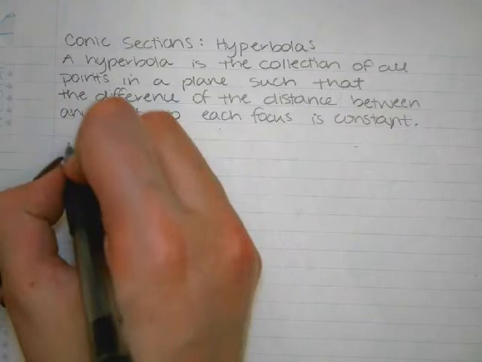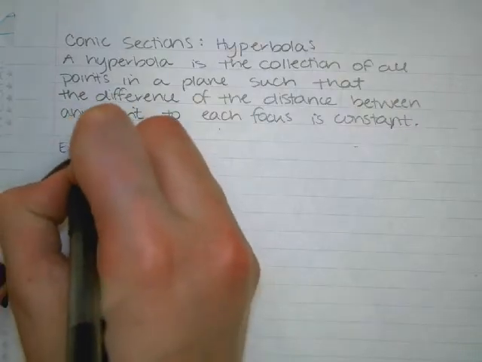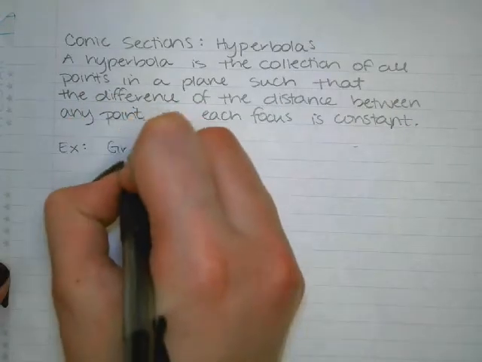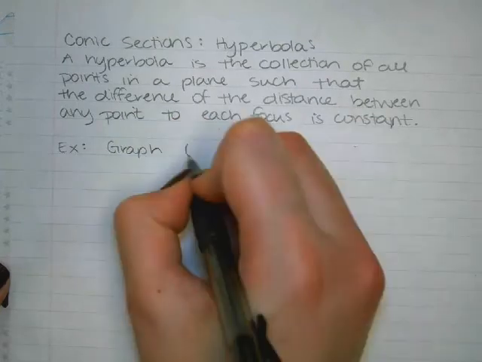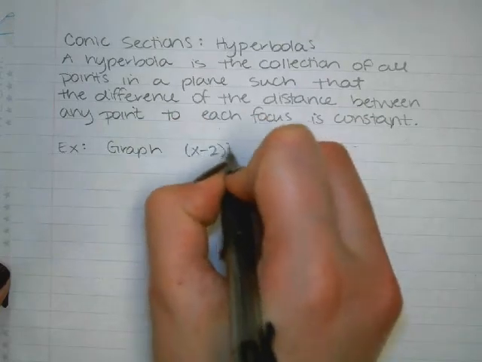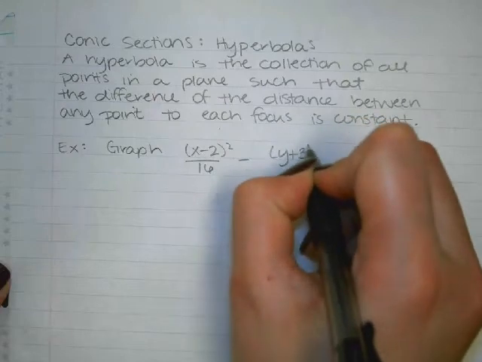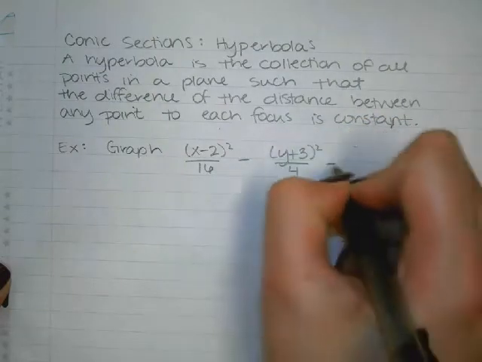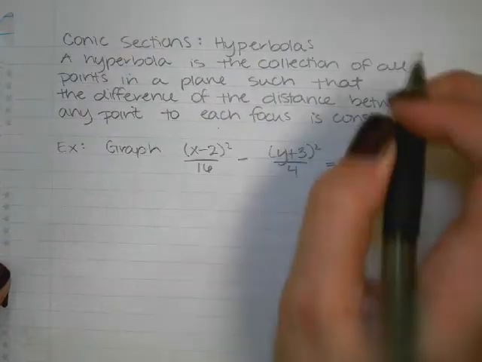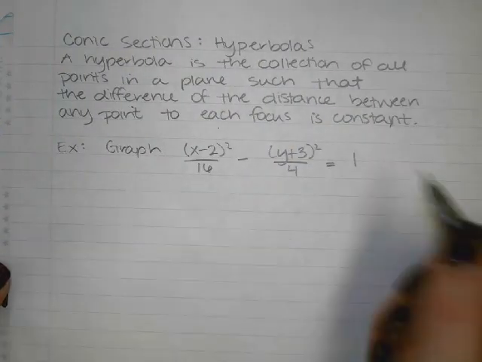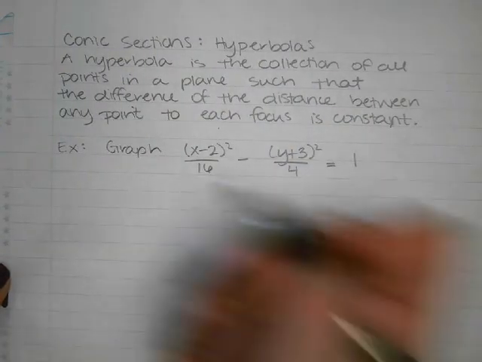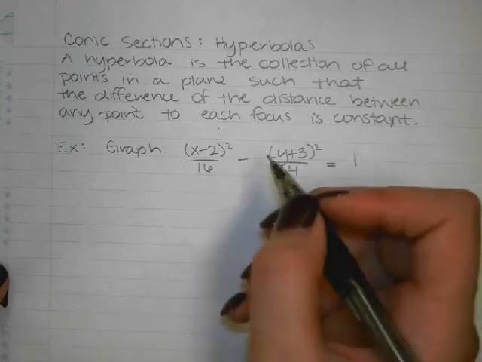So first example, we are going to graph x minus 2 squared over 16 minus y plus 3 squared over 4 equals 1. And so we're going to go ahead and find as many things as we can first so that it can make our graphing easier.